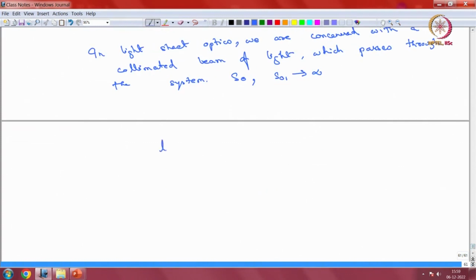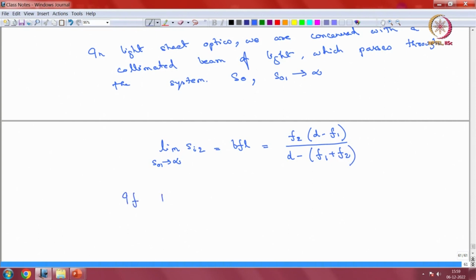So, I can say in mathematical terms that my SI2 in the limit of SO1 becoming infinity is also called the back focal plane, and this distance, if you simplify using the above equation, simplifies down to this equation now. I urge you to verify this by yourself and make sure that I am using it correctly.